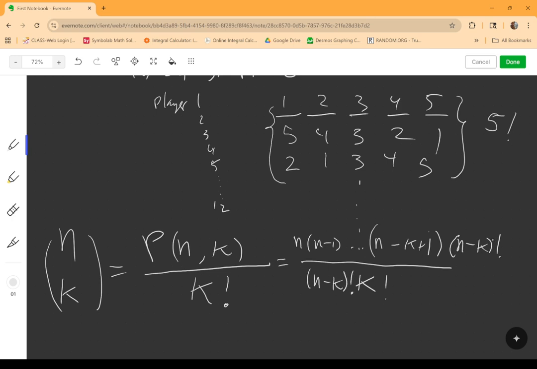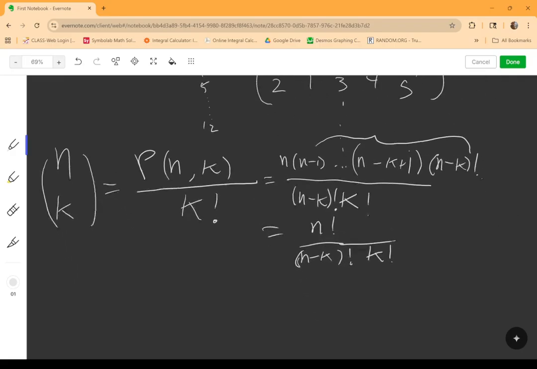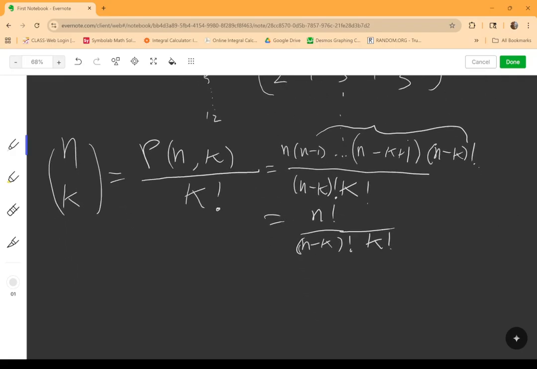In combination here, the top part now goes all the way up to 1, so the top becomes n factorial over n minus k factorial over k factorial. And that's our choose number that we showed in an earlier section. So that's how we see how they're related.